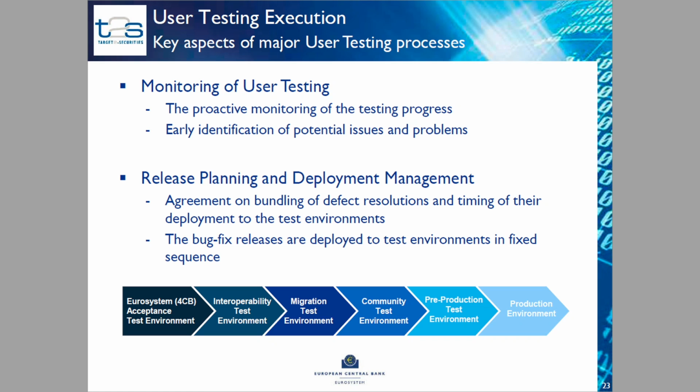So the first group that we have is the monitoring of user testing, and this includes also the regular activities and monitoring of the regular activities, let's say on a monthly basis, as well as the testing state transition related processes. Testing state transition refers to the agreed synchronization points in the program plan, which in other words refers to the movement from one testing stage to another, which means from bilateral interoperability to multilateral interoperability.